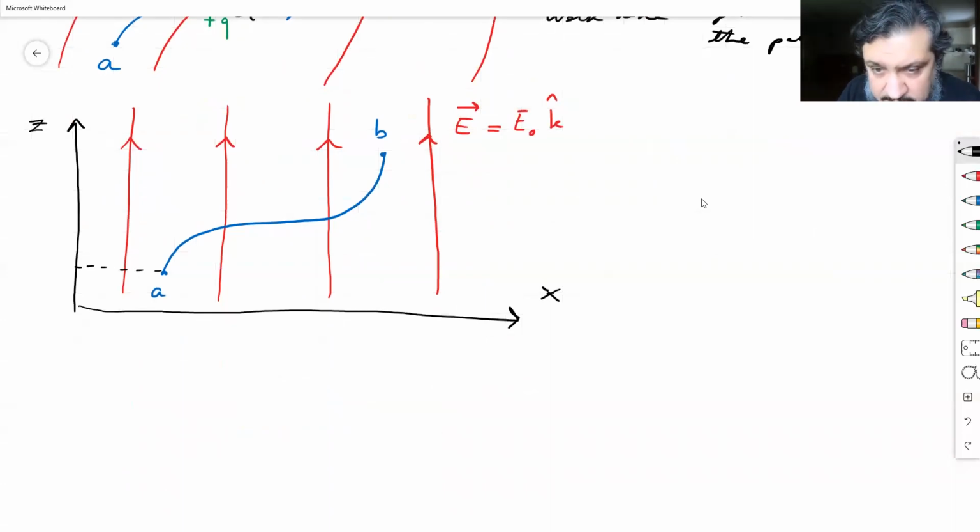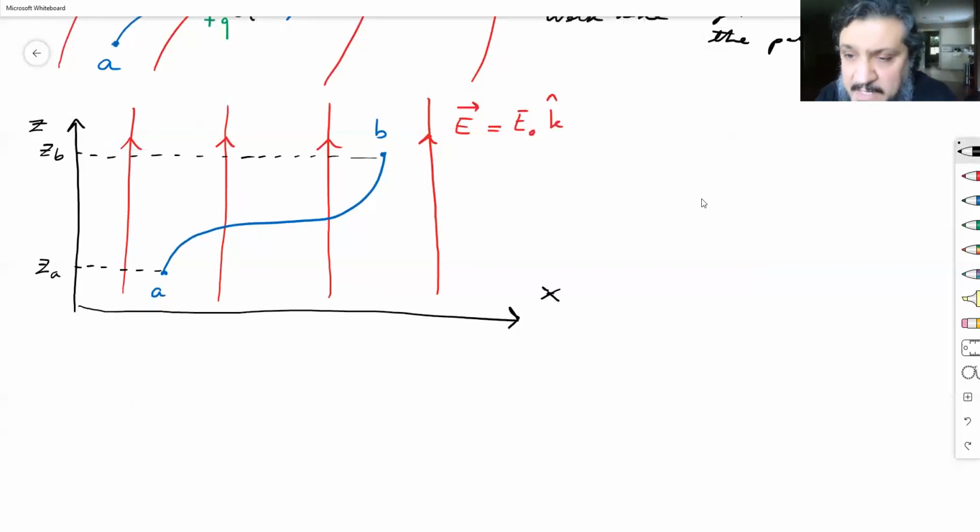Okay, this is ZA, whatever that coordinate is. And this will be ZB. All right. So as my charge moves, the vector dl has to remain tangent to that path.